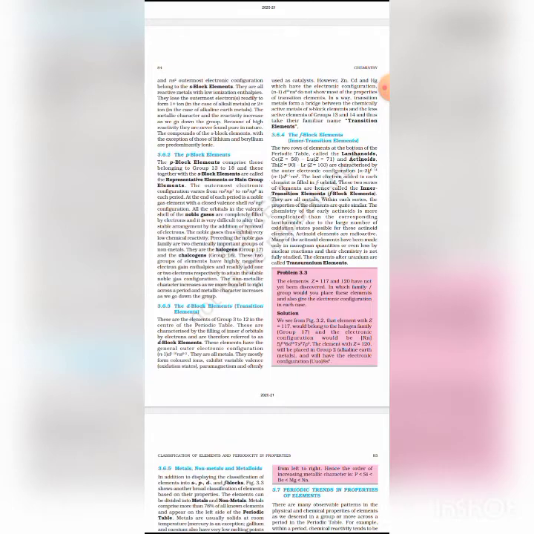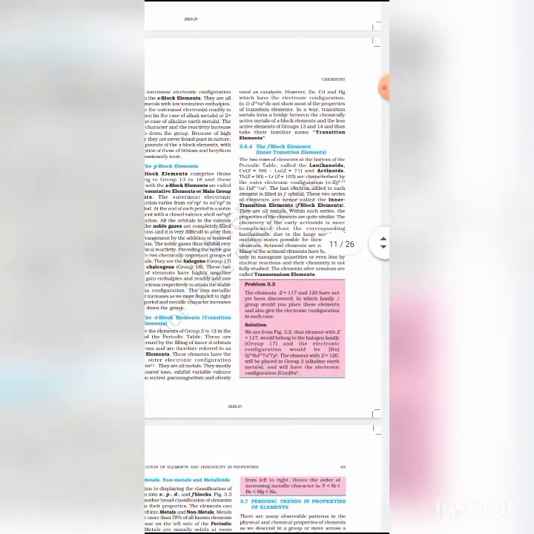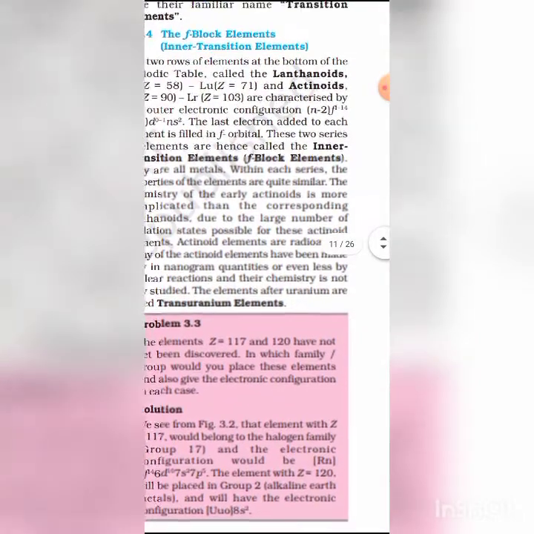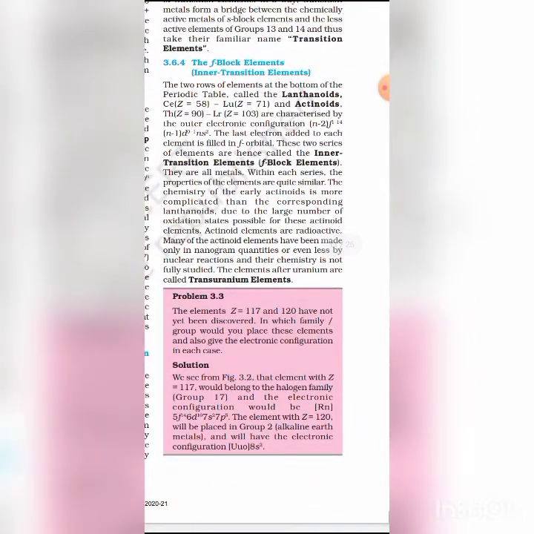Student, now we discuss f block elements. Lanthanoids and actinoids are called f block elements. They are also called inner transition metals because the inner 4f and 5f orbitals are progressively filled.